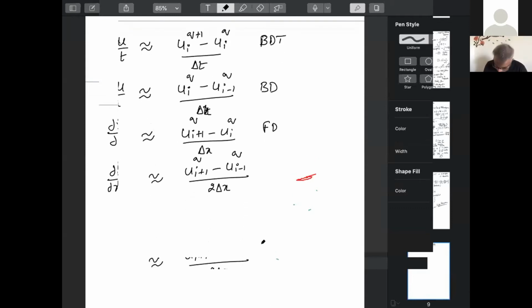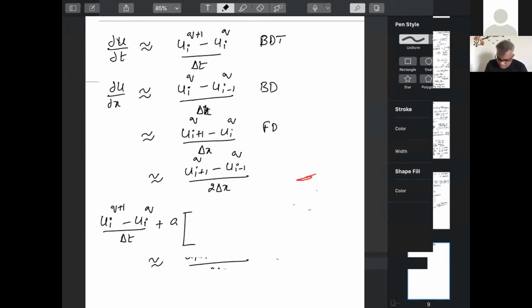So substitute back all these things in your equation. You have u_i at q plus 1 minus u_i at q by Δt, plus a times whatever difference you take. Let me take the central difference and look at this. So you have u_(i+1) q minus u_(i−1) q by 2Δx equal to 0.